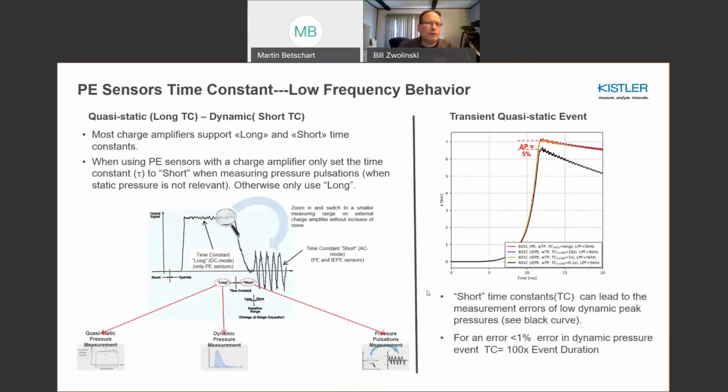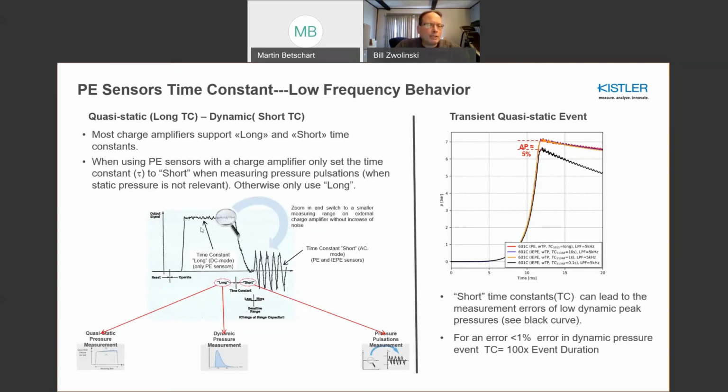I just wanted to briefly introduce a couple illustrations here where I mentioned this long time constant effect. What you see here is a long time constant signal where you have a nearly constant signal over a long time. But you see on the signal there's a bit of a ripple.